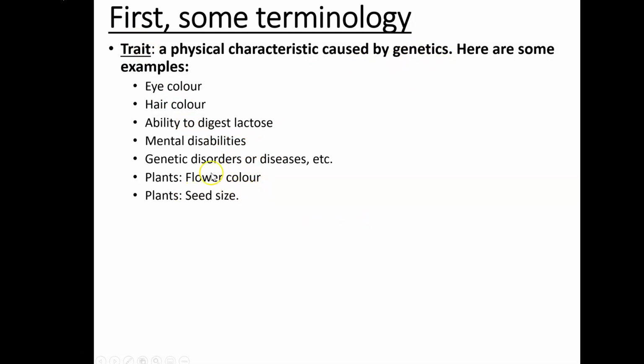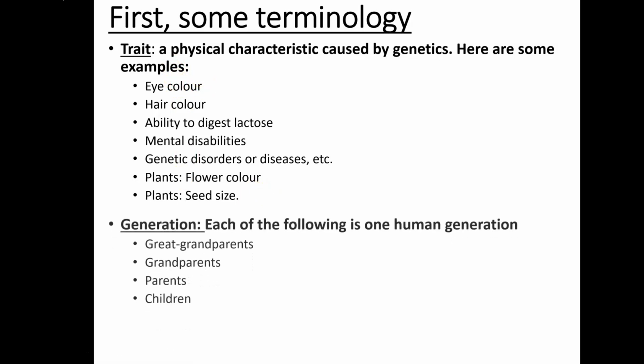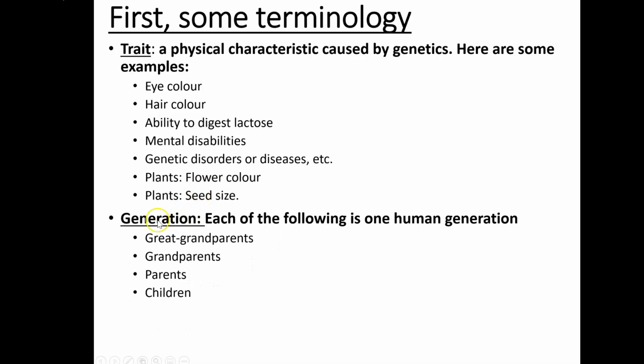In plants, flower color, seed color, stem length. Those are all examples of traits that are caused by genetics. Another term that we're going to be looking at over and over again is the term generation. Each of these is an example of a human generation: great-grandparents, grandparents, parents, and children.